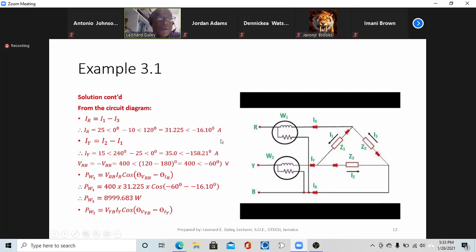So we have found all the parameters we need in terms of voltages and currents. Now we do the calculation.